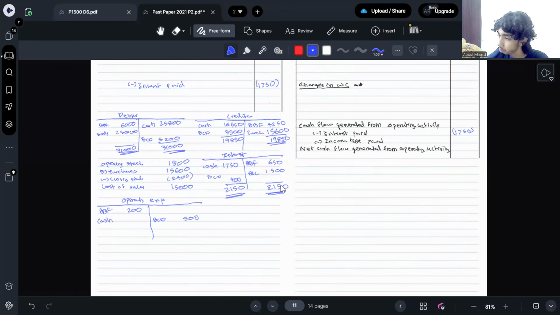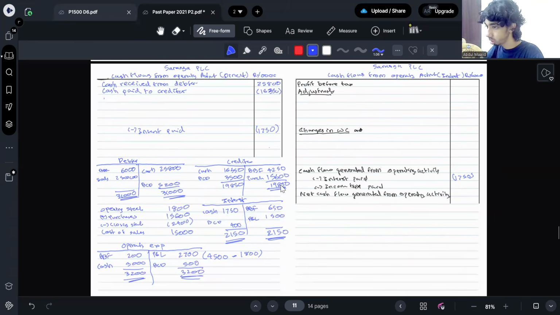So we remove the depreciation: 4,500 minus depreciation 1,800, given in additional information number 3. Then we put here P&L 2,700. When you balance off, you can find out how much operating expense was paid in cash. 2,700 plus 500, that is 3,200. 3,200 minus 200, that is 3,000. Okay.